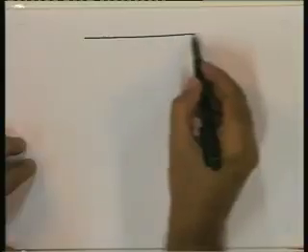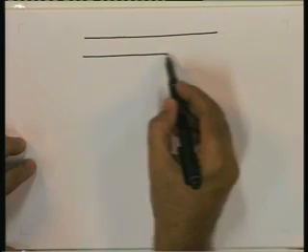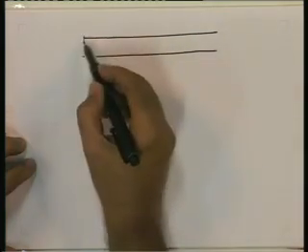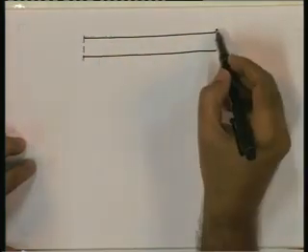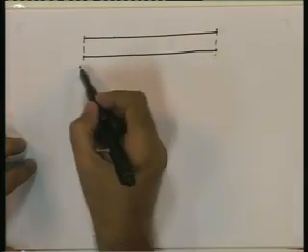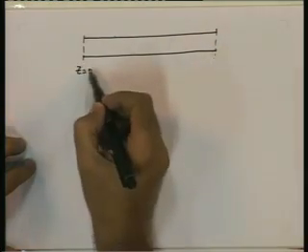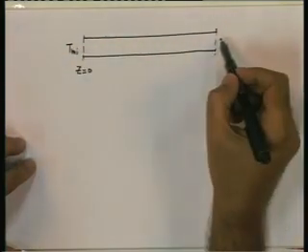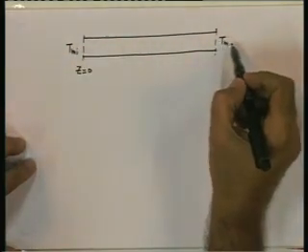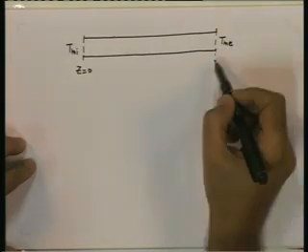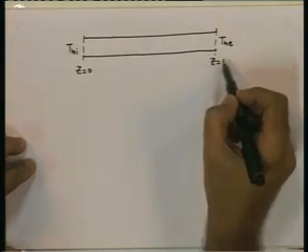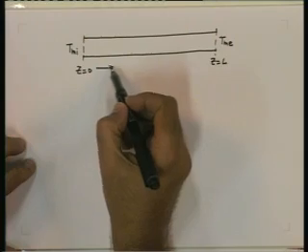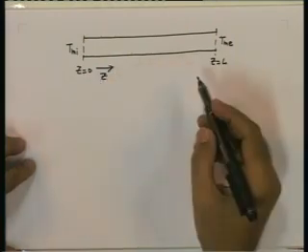Let us say that this is the tube. This is the inlet section. This is the exit section. This is Z equal to 0, where the temperature is Tmi. This is the exit section, temperature Tme, Z equals L. Z increases like this.